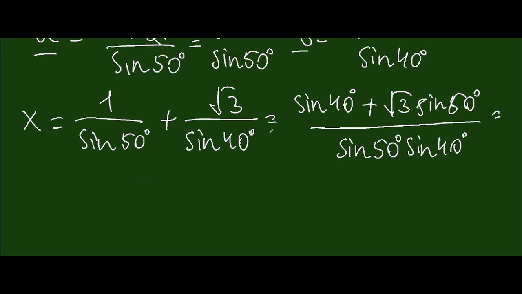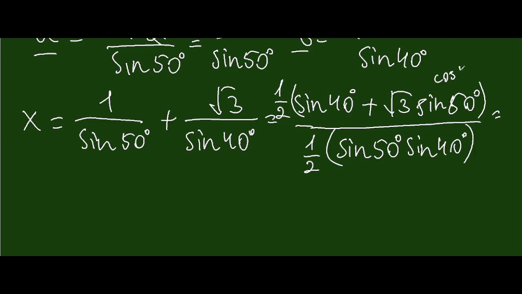And the next step is to multiply the numerator and the denominator by 1 over 2. And in this case, we know that sine 50 degrees is equal to cosine 40 degrees.